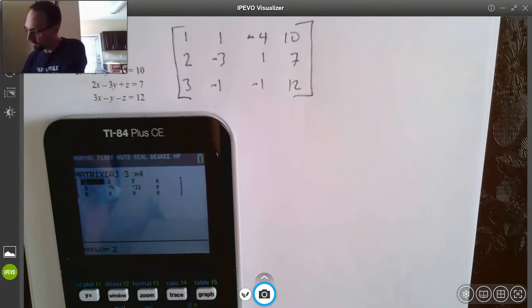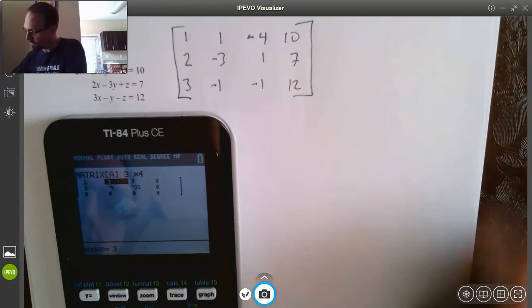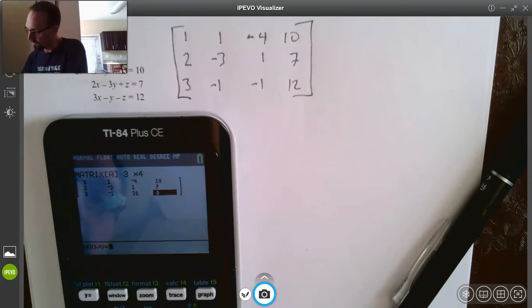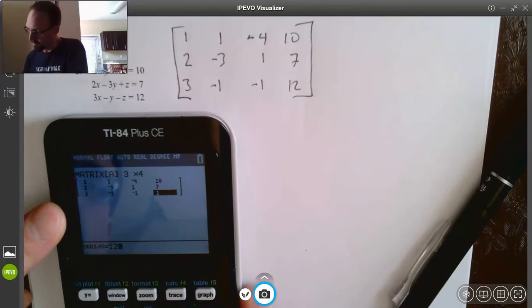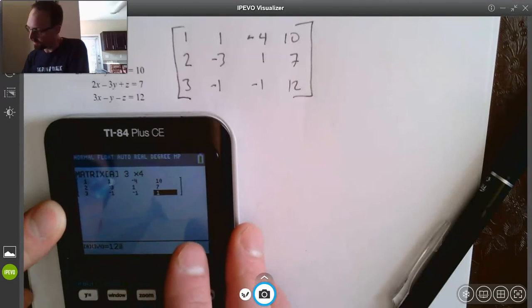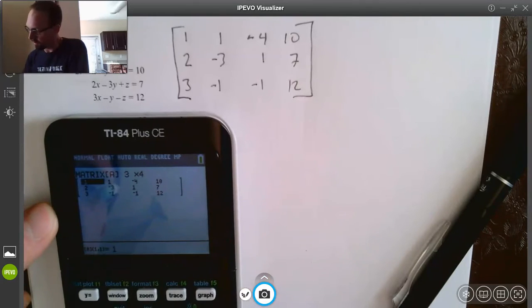This is a 3x4 matrix. So 1, 1, negative 4, 10, 2, negative 3, 1, 7, 3, negative 1, negative 1, 12. I go through and double check just to make sure I've inputted all of these correctly. Enter 12. Yep, there we go.